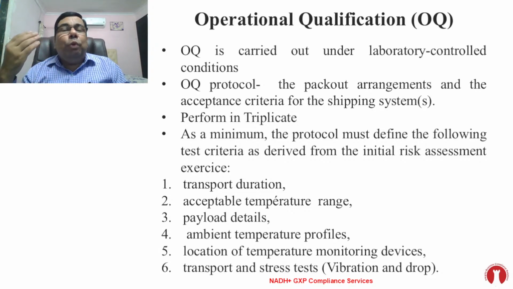Normally the transport duration, so how much time it will take for transport, acceptable temperature range, payload details, ambient temperature profile. So if ambient temperature is there, what will be the profile, location of temperature monitoring devices, transport and stress test, meaning vibration and drop test. This test can be considered the operational qualification.